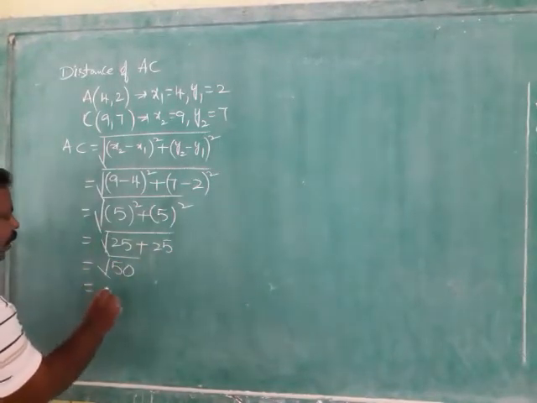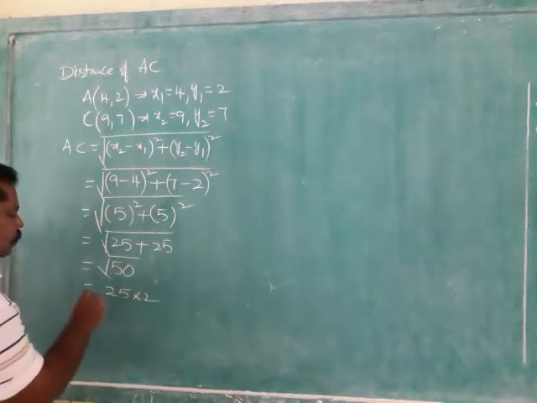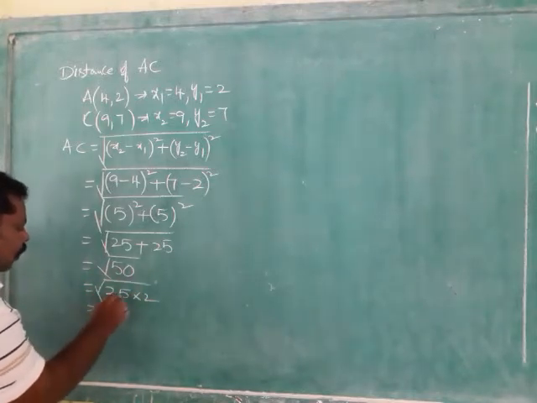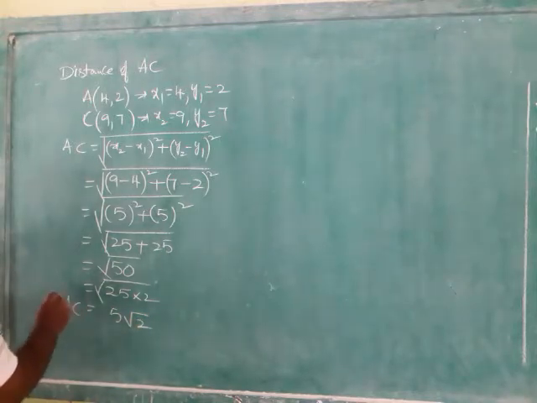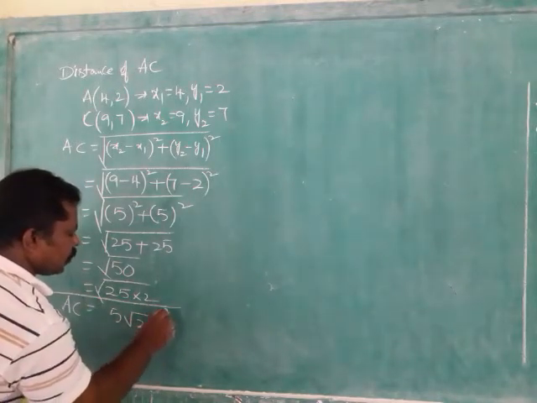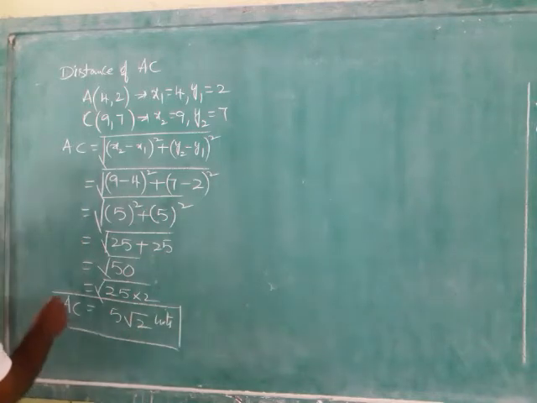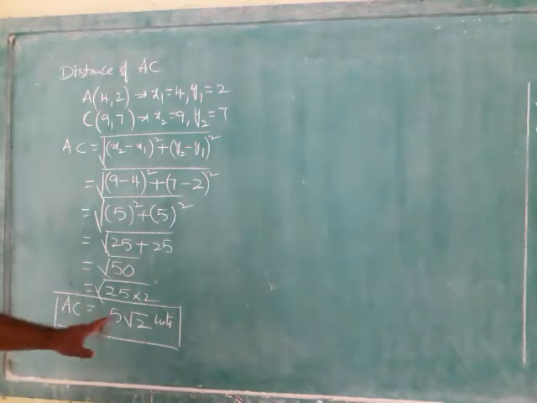This 50 can be written as 25 into 2, and the square root of 25 is 5, so root 50 is 5 root 2 units. AC is 5 root 2.